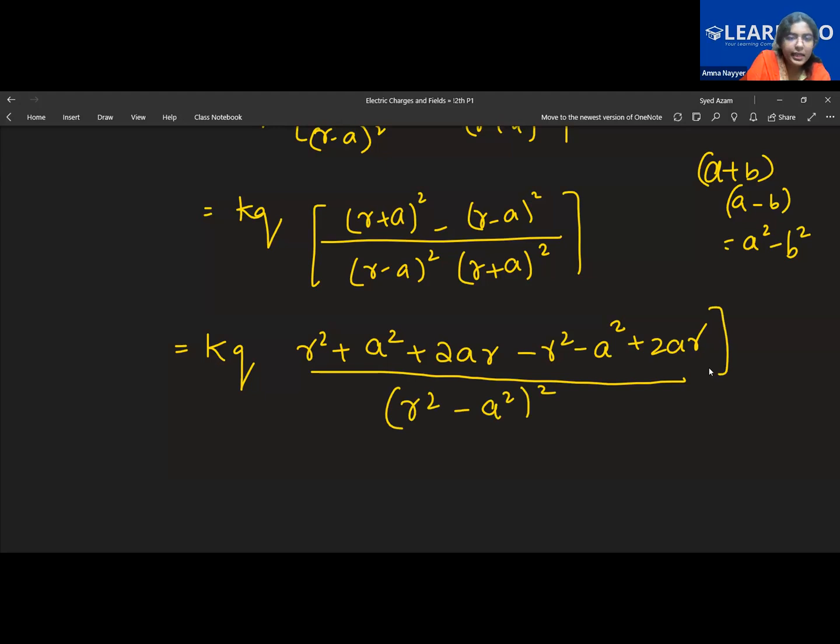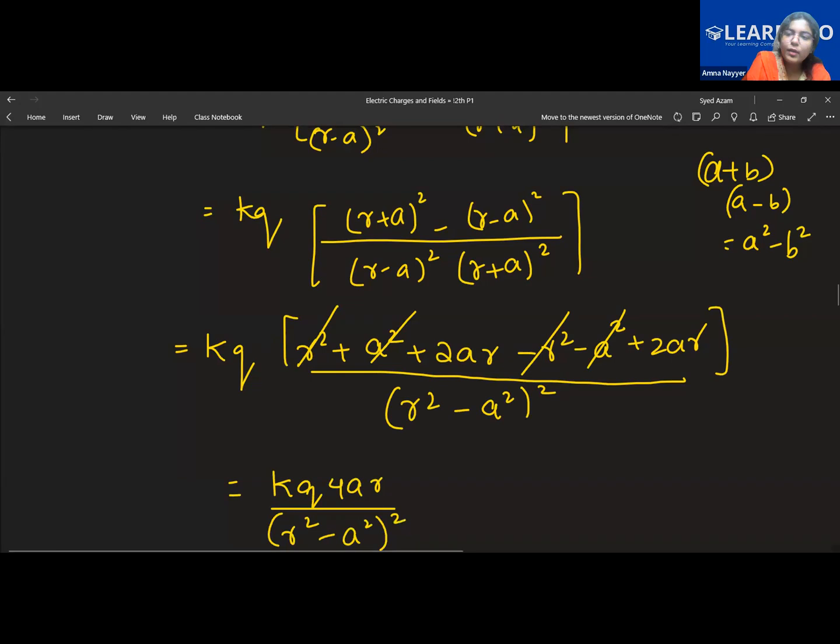Tell me, till here all of you are clear? Yes. Okay. So look, r square and a square get cancelled. So finally, we are left with KQ into 2ar plus 2ar, which becomes 4ar, divided by (r square minus a square) whole square.